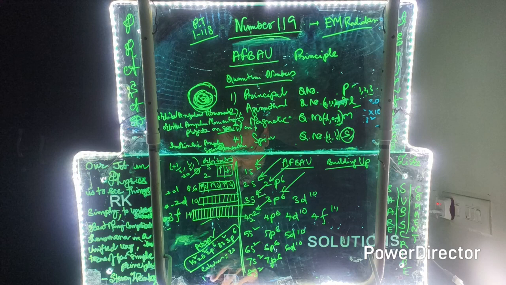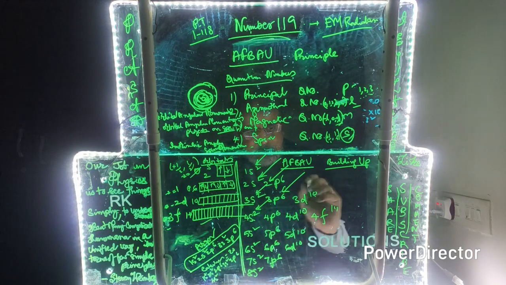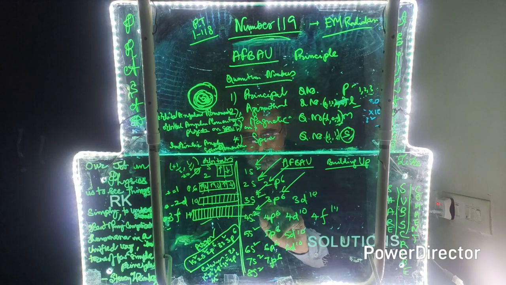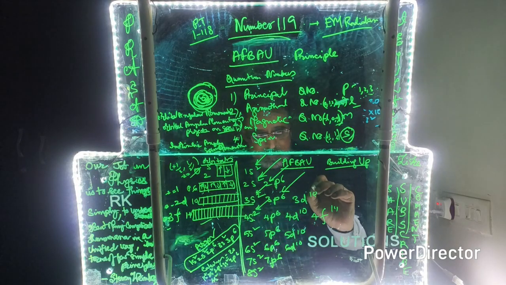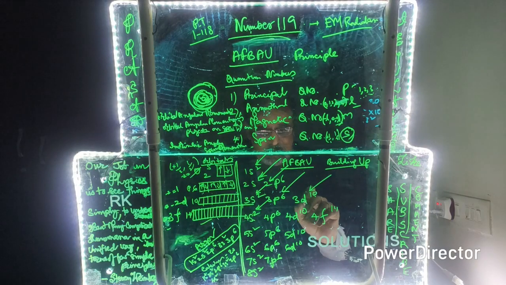Atomic number 20: 1s2, 2s2, 2p6, 3s2, 3p6, 18, 4s2, 20. Now, what ideally should calcium have taken here? It should have taken this value, following this convention.